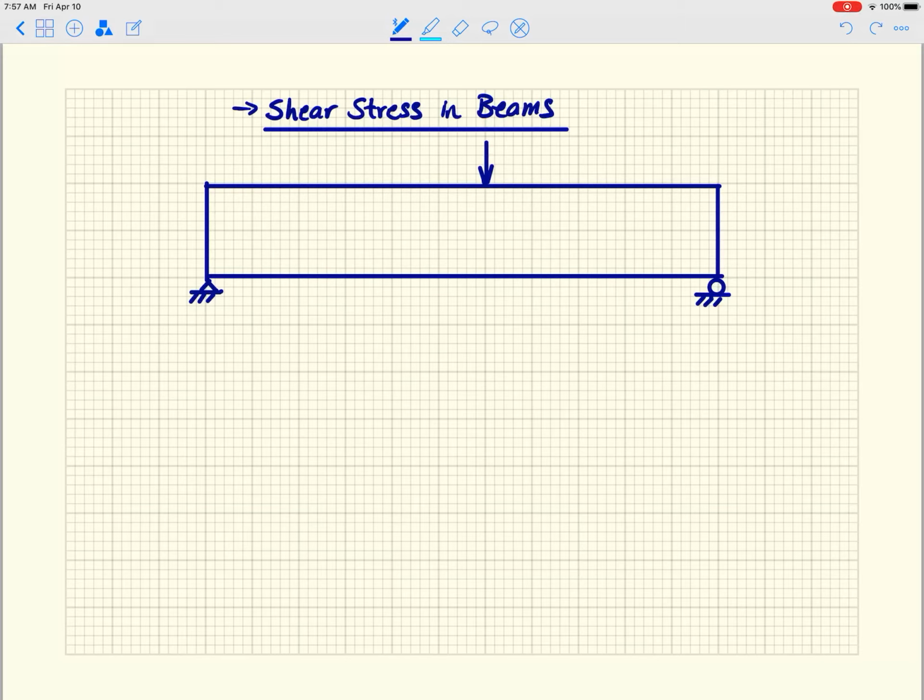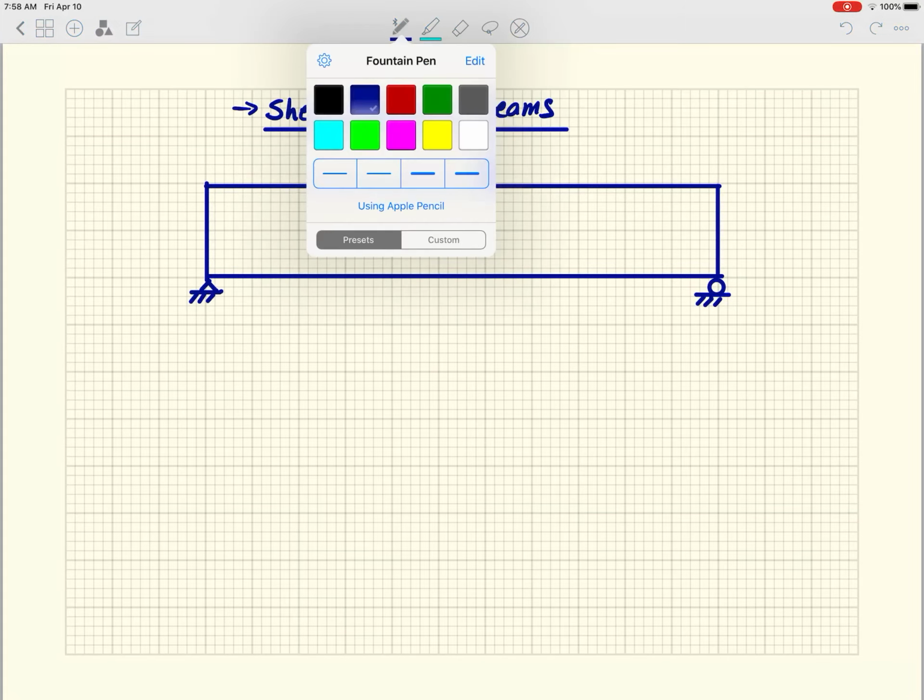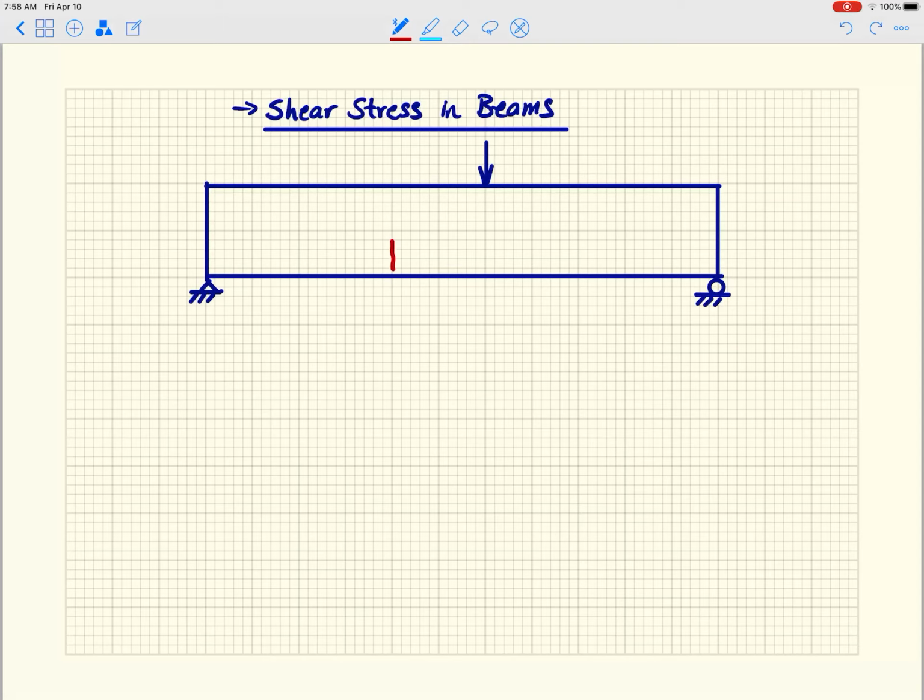Okay, so if we're looking at shear stress in a beam, I've drawn a simply supported beam here. I'm showing a depth because I want to zoom in a little bit here. And so if I take a cube here, we're going to call it an infinitesimal cube, right? So this guy has dimensions that are very small, and we refer to those as dx, right?